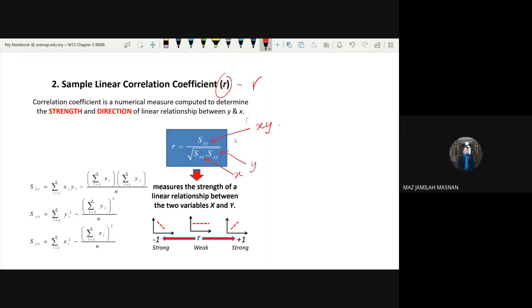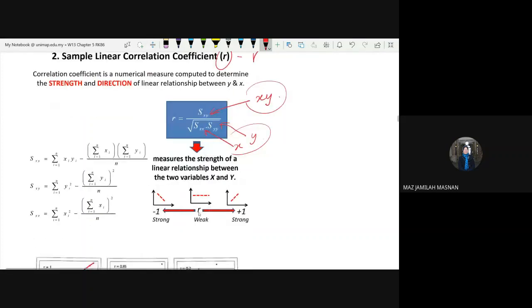So you can see how the correlation coefficient for your sample is obtained. I have discussed how you can tell from your R value whether the direction will be negative or positive, and whether the strength is a strong or weak relationship.